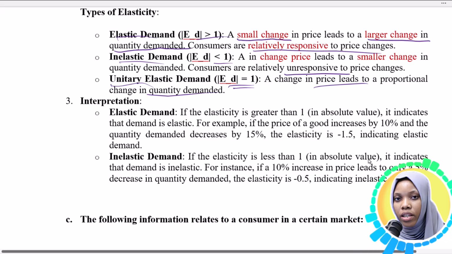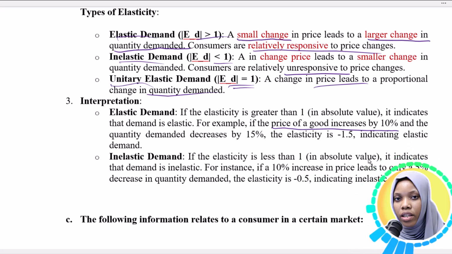And let's read through the interpretations. So we say elastic demand: if the elasticity is greater than 1, it indicates that demand is elastic. For example, if the price of a good increases by 10% and the quantity demanded decreases by 15%, the elasticity is 1.5, indicating elastic demand.